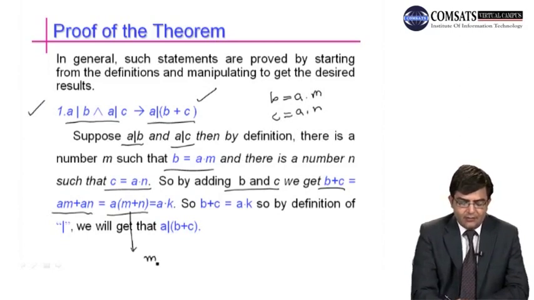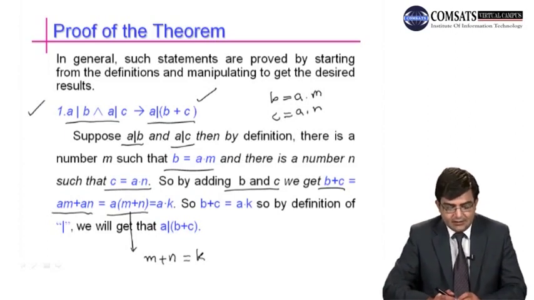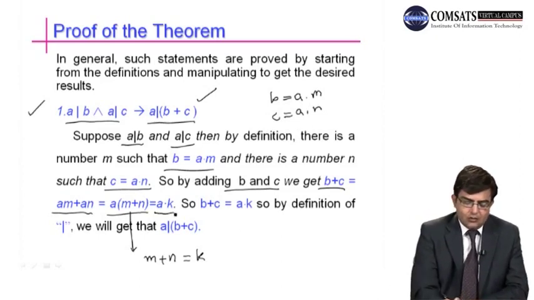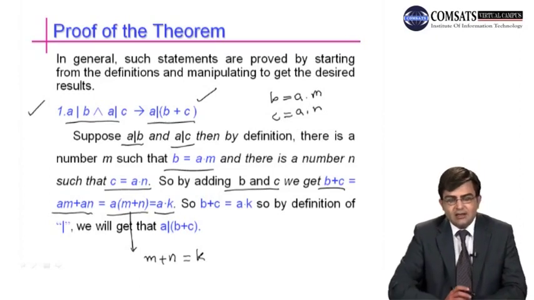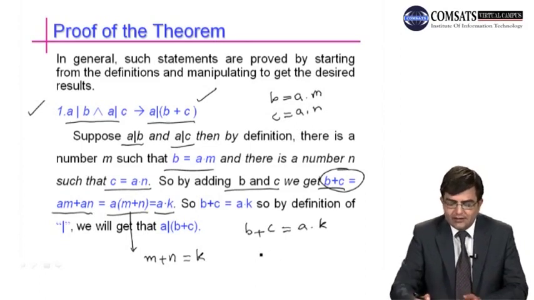Now if we take M plus N as some other integer K, because M is an integer, N is an integer, so the sum of two integers is again some integer. So we write it as A times K. Now if we see here, B plus C is written as A times some integer K. So what does it mean?